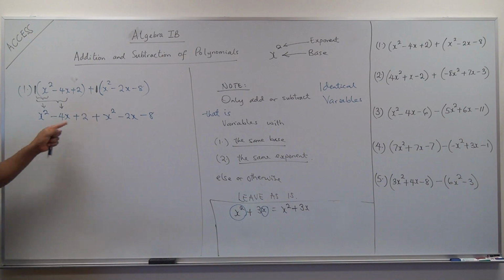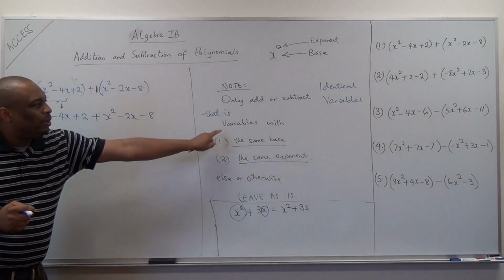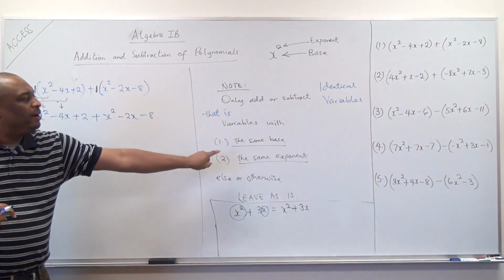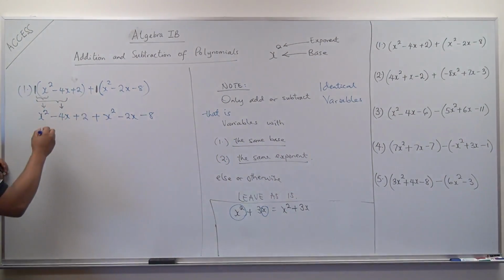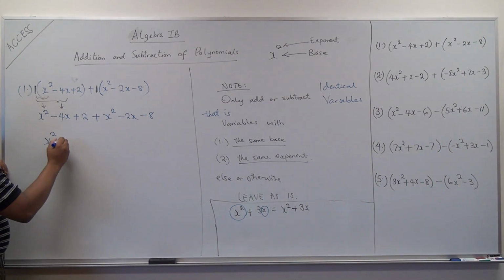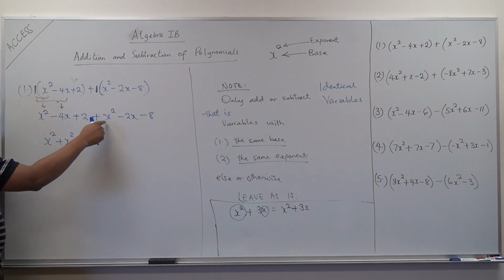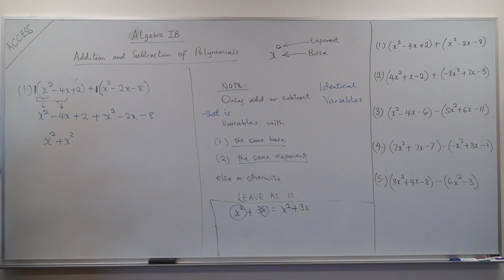Then, once we finish doing this, you want to get the identical variables, the variables with the same base and the same exponent. And this will now be x squared plus x squared, because you don't want to change signs. You want to get it with the sign that it has. This is not an equation, this is an expression.